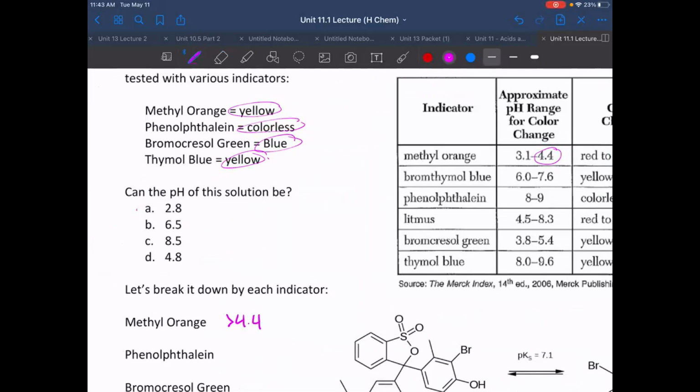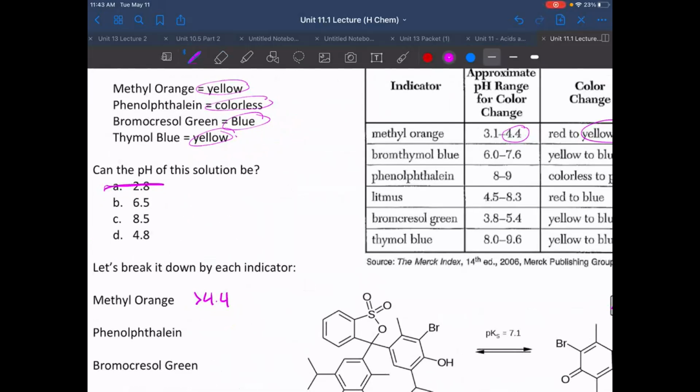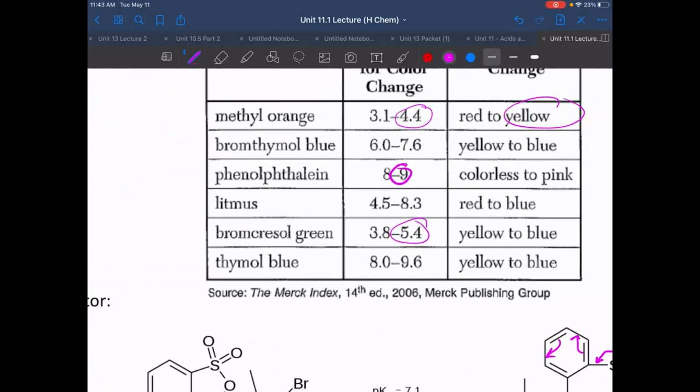So that means we can cross out A. Now with phenolphthalein, it's colorless. So that means it's got to be less than 9, because 9 is where it hits pink. Nothing's above 9, so we can't cross out another option. If we tested it with bromocresol green and it's blue, it's going to be above 5.4, because it goes yellow to blue.